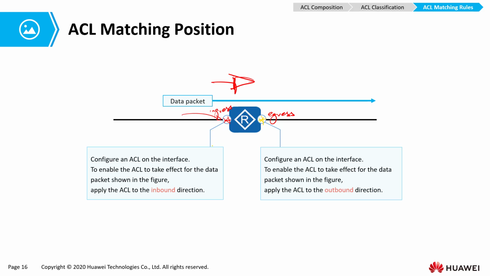In that case, when we apply the ACL here, we are applying it in the inbound direction because that's where the traffic gets into the router. We assume the ACL is right here, so we are applying it in inbound at the point of getting in. If we apply it here when traffic is heading that direction, we say we have applied it in the outbound direction. And so when you're using the apply command, you apply it to the outbound direction.